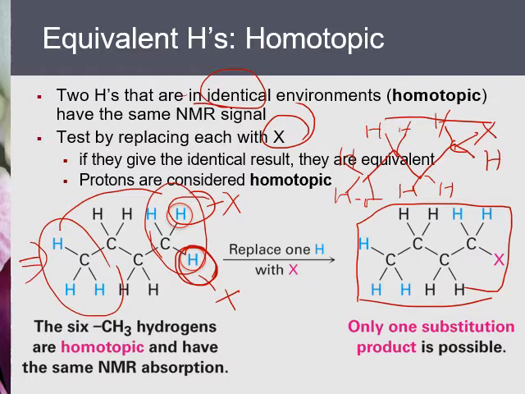So one X is here, one X is here, but remember this bond can rotate, and therefore this represents the same molecule. So by replacing hydrogen by X, we get the same molecule, and therefore these 2 hydrogens are homotopic.